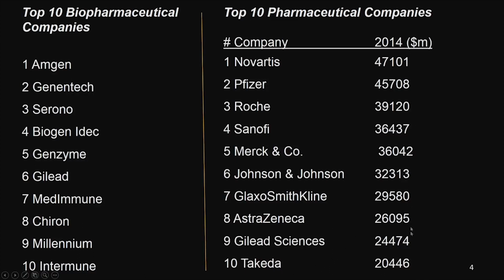Look at their annual sales in $1 million. This is almost $47 billion, $45 billion. If you add up all these, we are talking in terms of 200 to 300 or even $500 billion. That is a big business. So the drug business is very, very large.